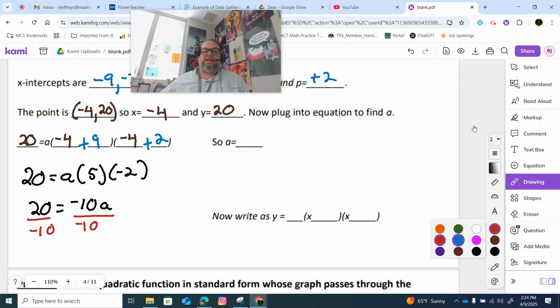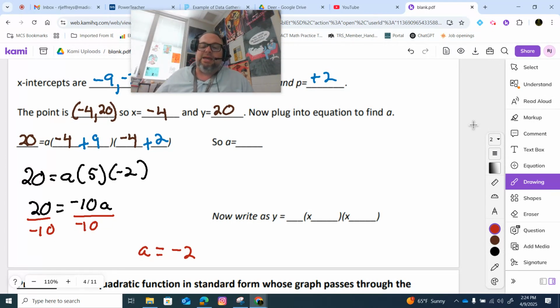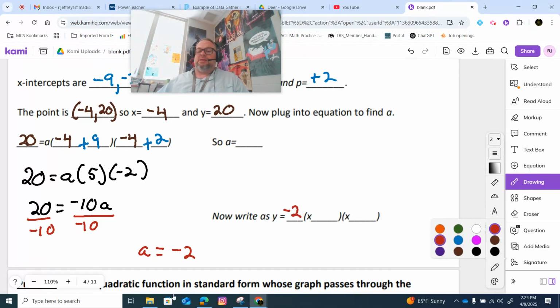All right, so that's how we know that A is -2. Okay, so now we write this -2 here. And then we write our +9 here and our +2 here. And we're done.